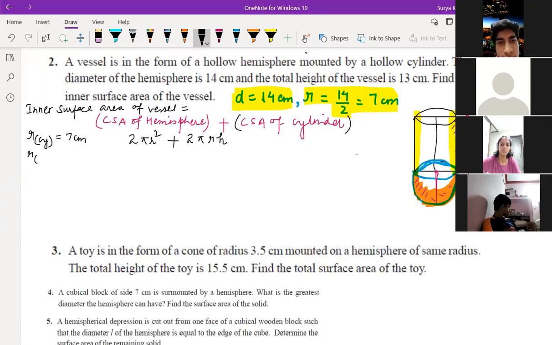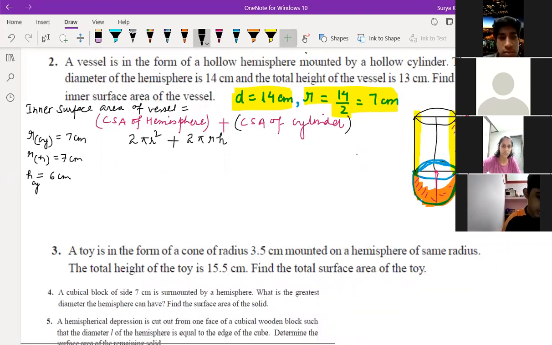The r of hemisphere is also 7 centimeter. And height is equal to what? The height of the cylinder is 6 centimeter. Okay, children, these three things are clear to everyone.